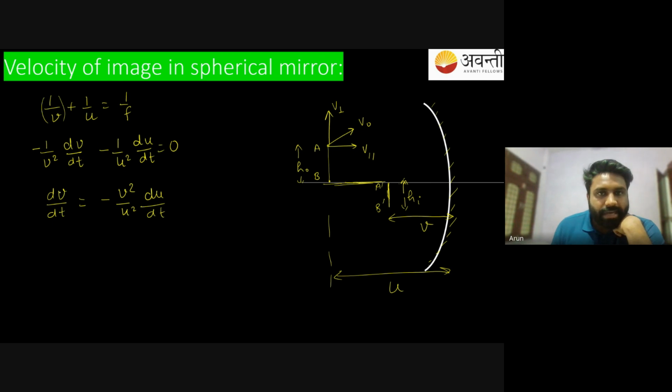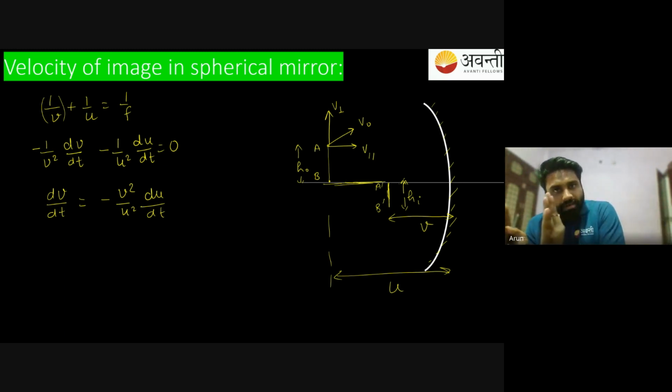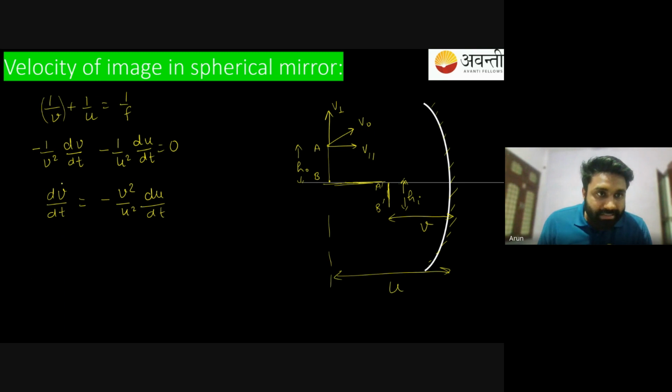What is this dV by dt? V is nothing but the distance of image from the pole. So by changing this distance, we are changing the velocity. Here you should consider that this V is not the velocity; it is the distance.